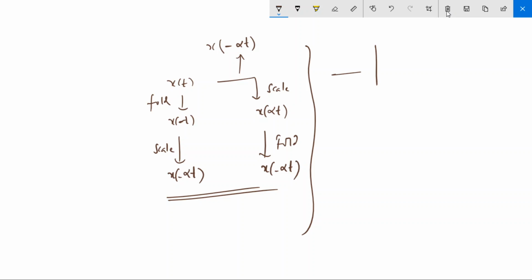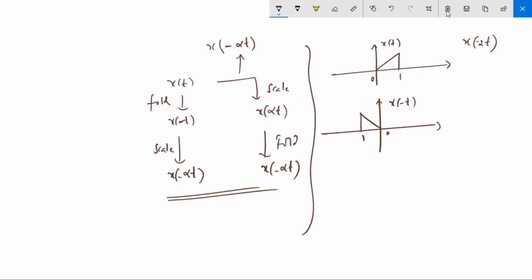so suppose again I take one signal. Let us suppose this is one signal x of t, and I want to get x of minus 2t. So what I do, I first fold it. To fold it, it will become like this: 0 to 1, x of minus t, and then you scale it. It will be compressed by a factor of 2.